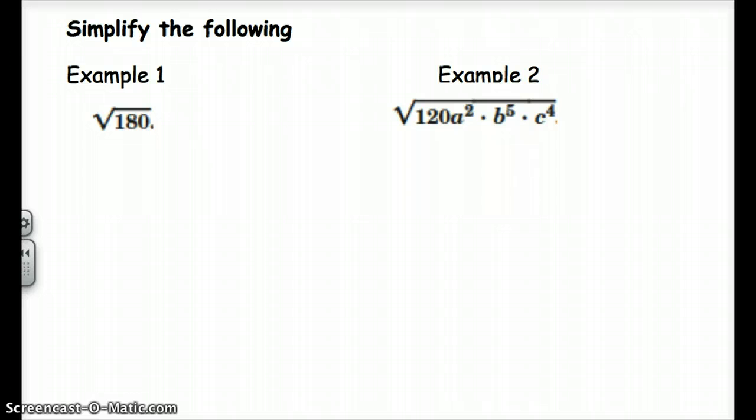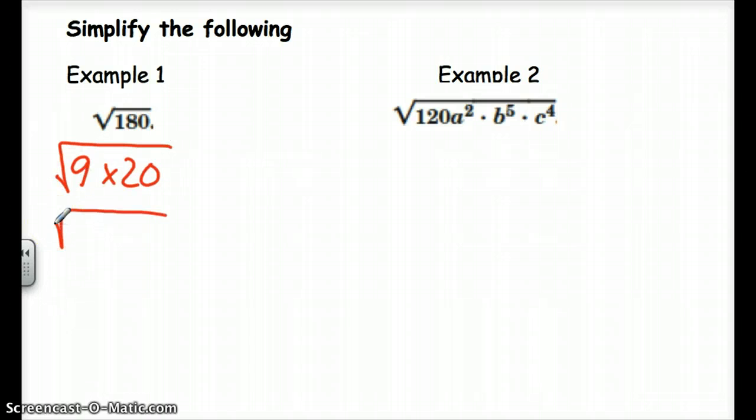I'm looking at the square root of 180, and so I'm going to first do that by perfect squares. When I look at the square root of 180, I think of that as being 9 times 20, because 9 is a perfect square. I'm writing that down. When I look at 20, I think of 4 going into 20, so now I go 9 times 4 times 5, and the square root of 9 is 3.